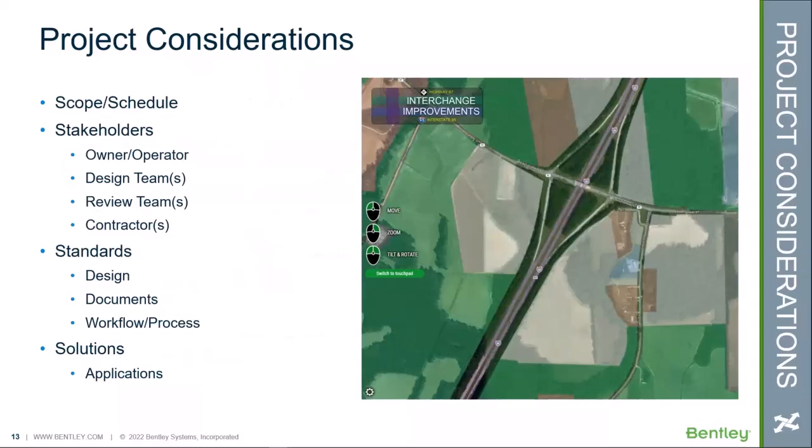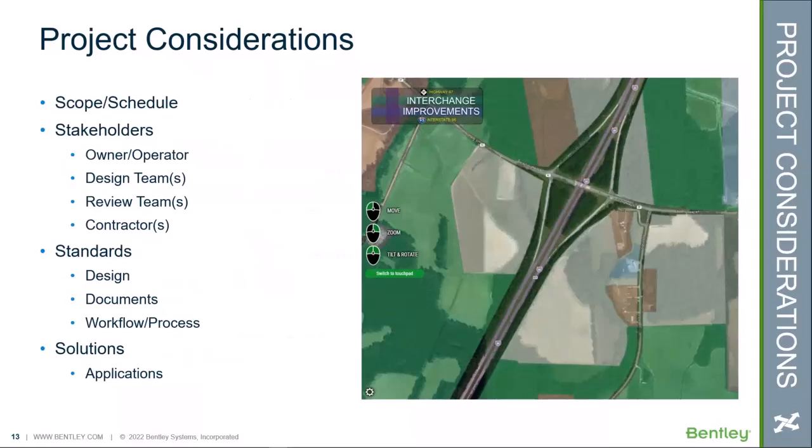With that, there were some project considerations that we wanted to take into account, because ultimately we wanted to plan this out right and make sure we understood all the different aspects like we would on a traditional highway project. Of course, a few things we wanted to be aware of. Number one, the scope and the schedule.